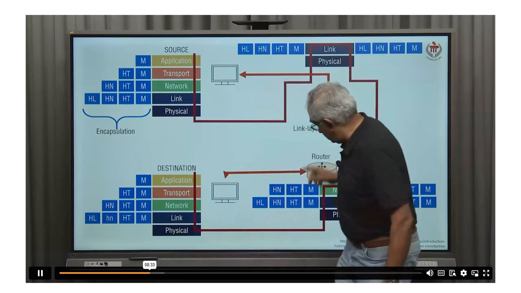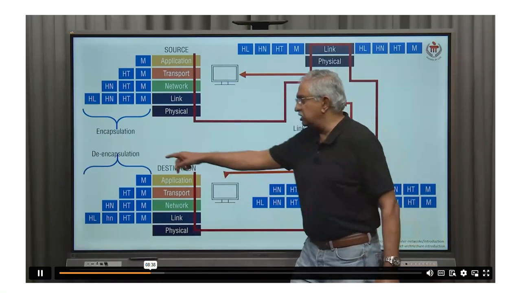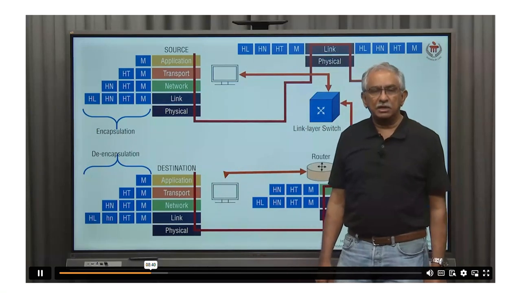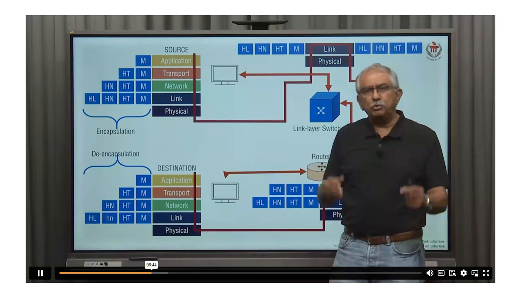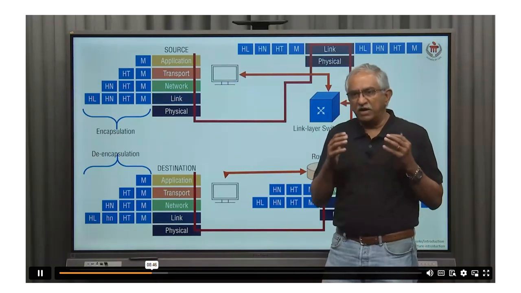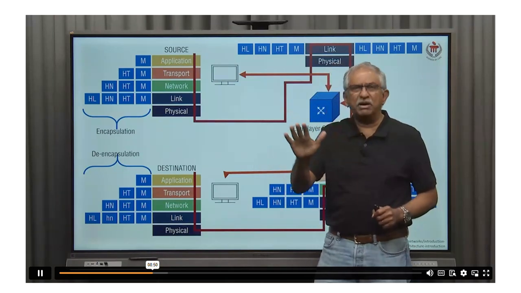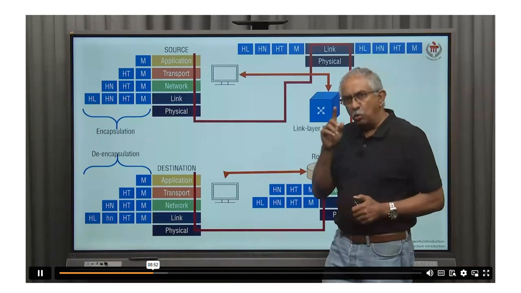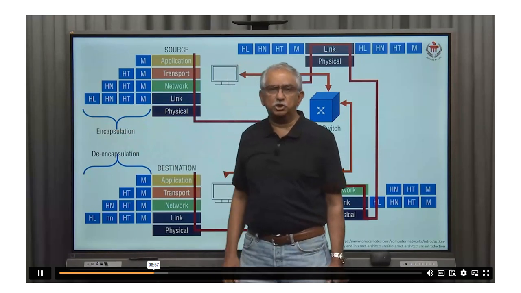On the other side, when the message finally comes from physical all the way up to application, this is called de-encapsulation. Now, why is this important? Suppose you are sending me a file, it can be just a 1 byte message. Just say 1 byte, nothing great. The 1 byte message has so many attachments to it.